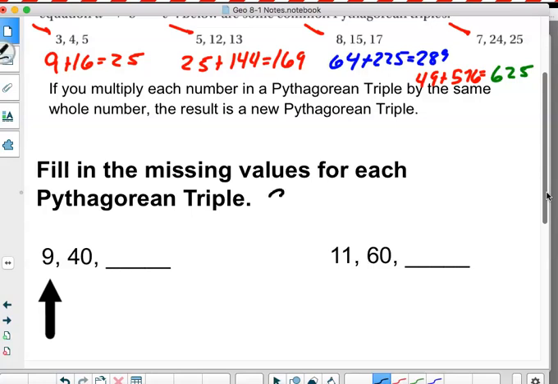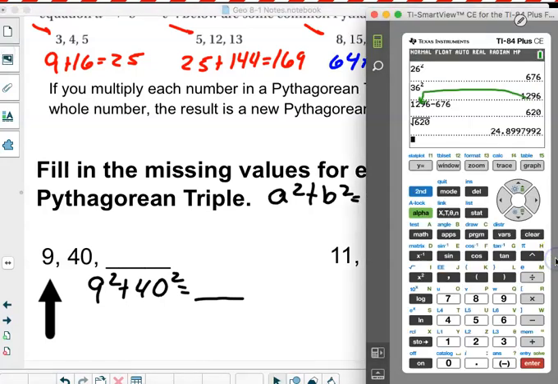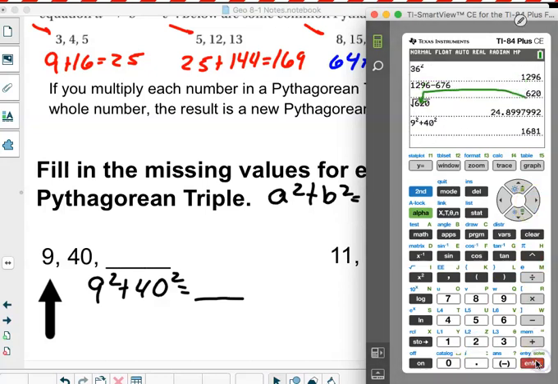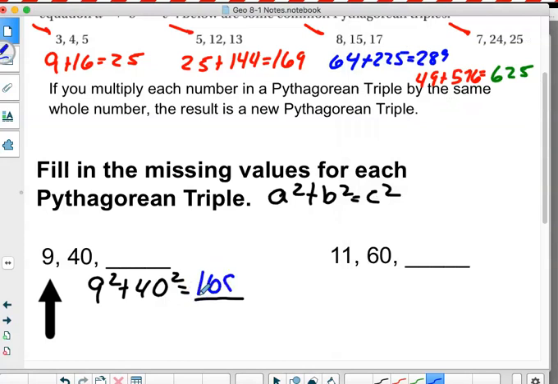So remember, this is a squared plus b squared equals c squared. So 9 squared plus 40 squared is equal to something squared. So I got 9 squared plus 40 squared, which equals 1681. That'll be c squared.